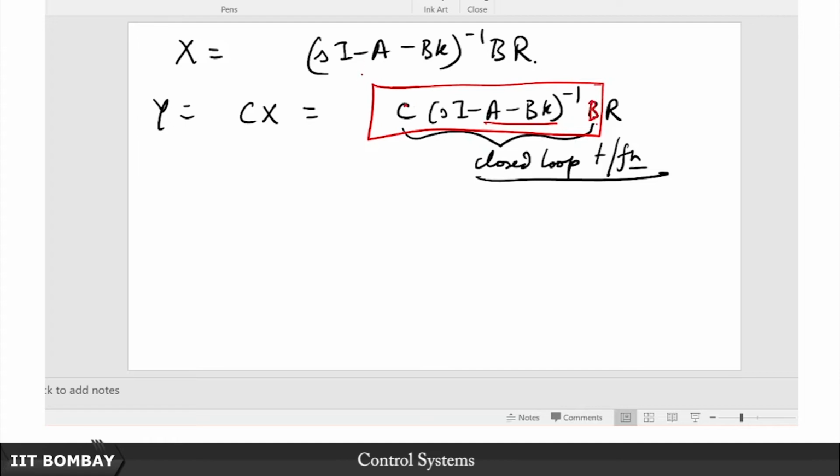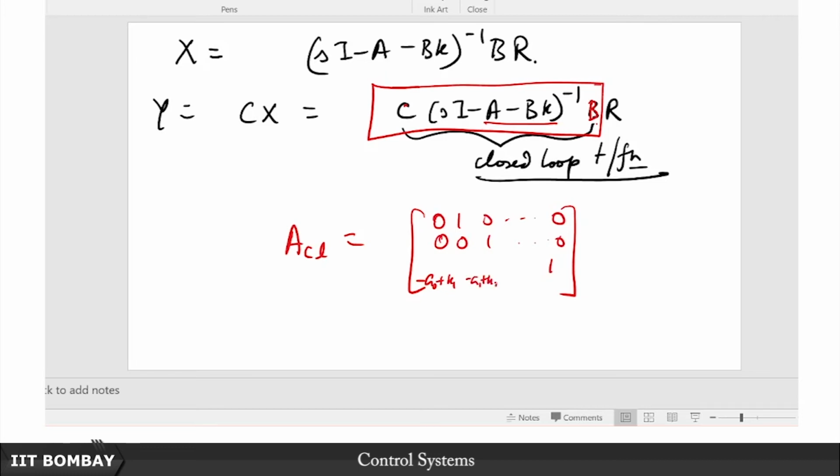Well, if it is a controllable system, go back to the controller canonical form, the phase variable canonical form. You will see that your A closed loop will look something like this: you will have 0 1 0 0, 0 0 0 1 0 like this till you have the ones, and then finally you have minus A0 plus K1, minus A1 plus K2, likewise till minus A(n-1) plus Kn. This is going to be the closed loop A matrix.